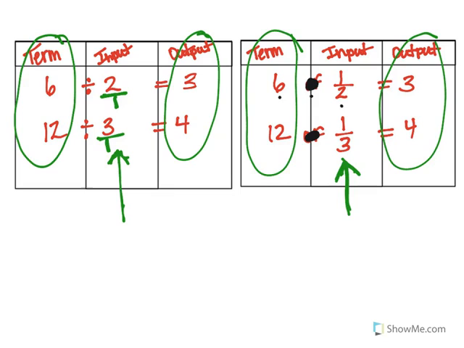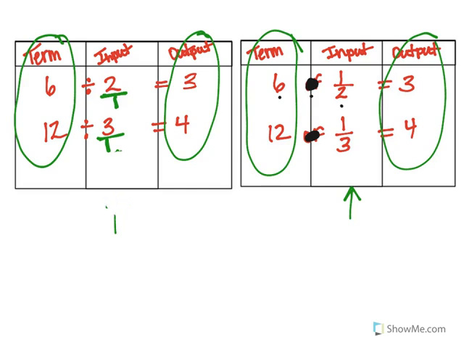Put it over 1. Now pay attention. What happened to my fractions from this table to that table? Look at the fractions. They flipped, didn't they? It's 2 over 1, 1 over 2, 3 over 1, 1 over 3. So they flipped. That is called the reciprocal, boys and girls, the reciprocal.